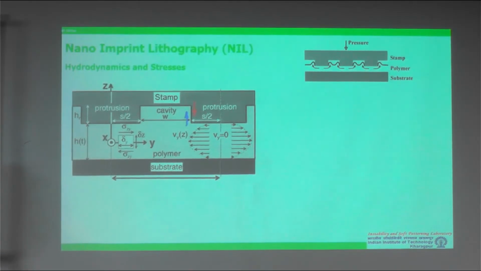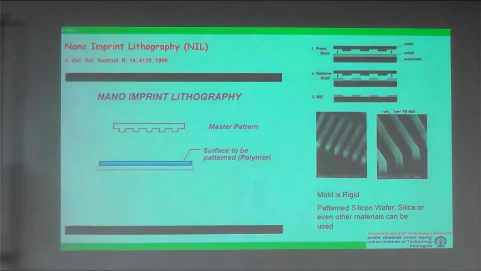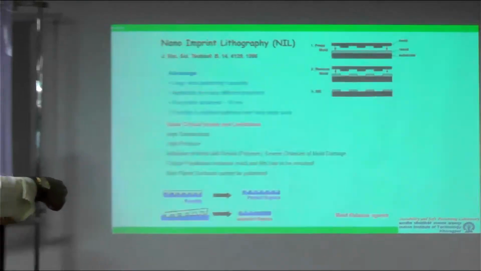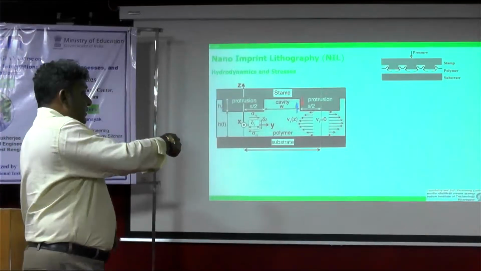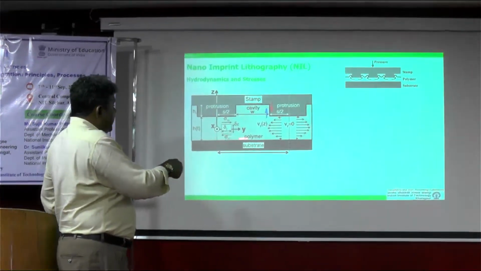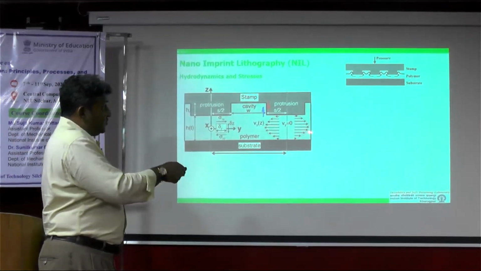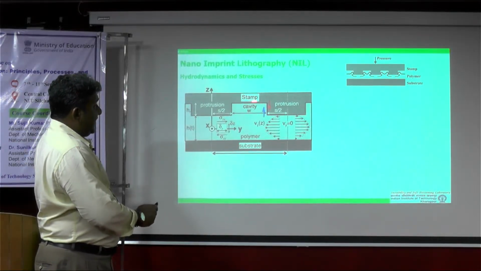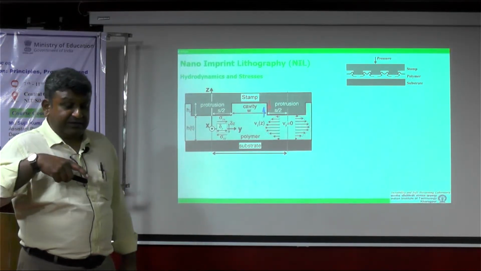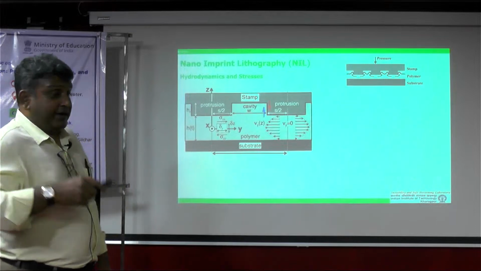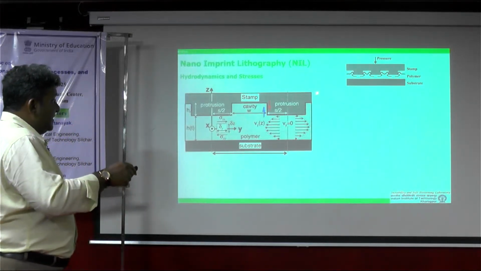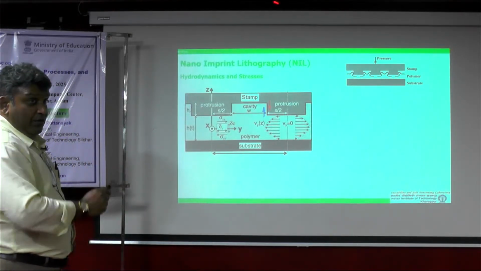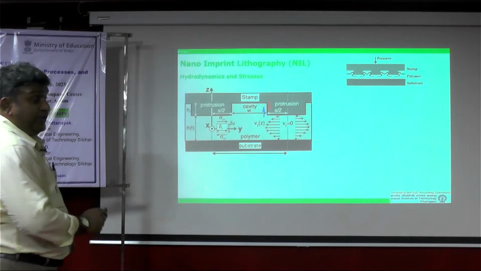Now, where exactly is the deformation happening? When you apply the pressure, basically the polymer over these areas is getting squeezed out, and it is rising through the cavity part or the recessed part of the stamp. Now, please understand that the stamp is coming down, whereas the polymer is going up.